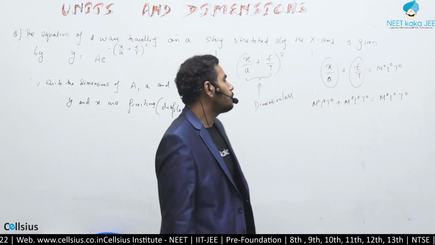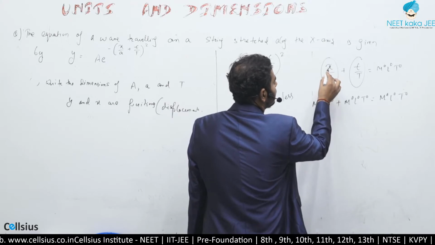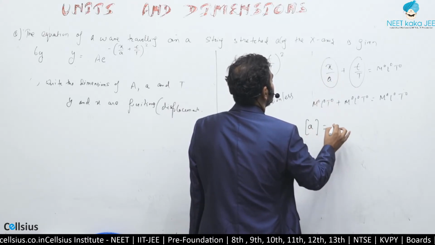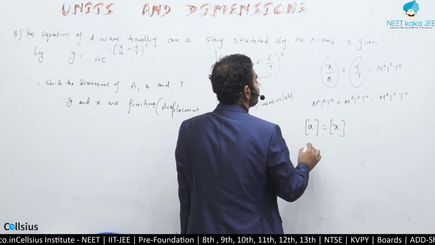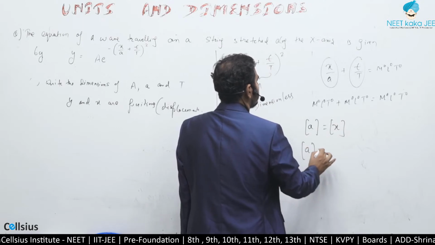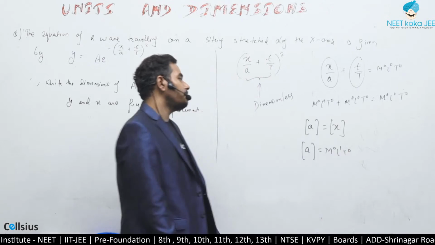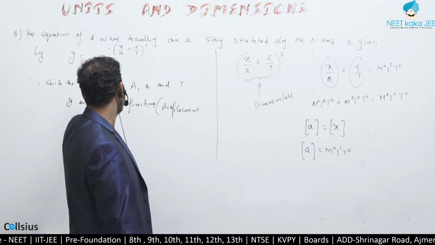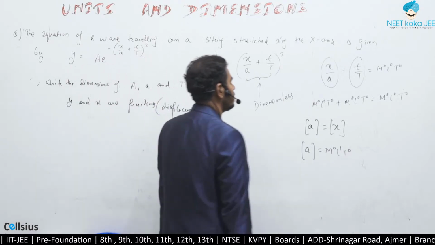So x by a must be m0 L0 T0, and therefore a must be equal to x dimensionally. Therefore the dimension of a must be m0 L1 T0, because the dimension of x will be m0 L1 T0 according to the question, since y and x were position or displacement, as I told you.